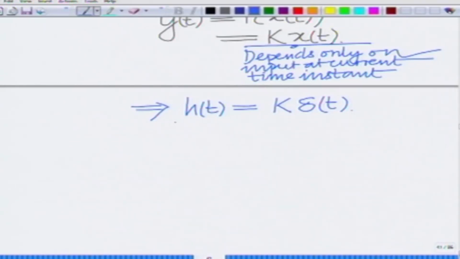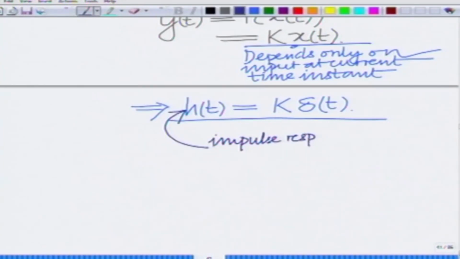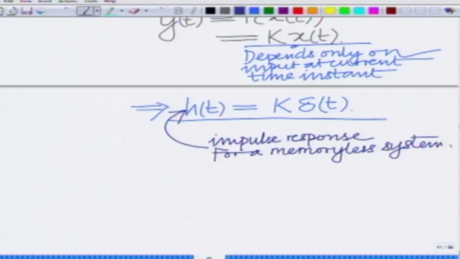Since the output is k times any input, the impulse response is simply a constant times delta t. This is the impulse response for a memoryless system.